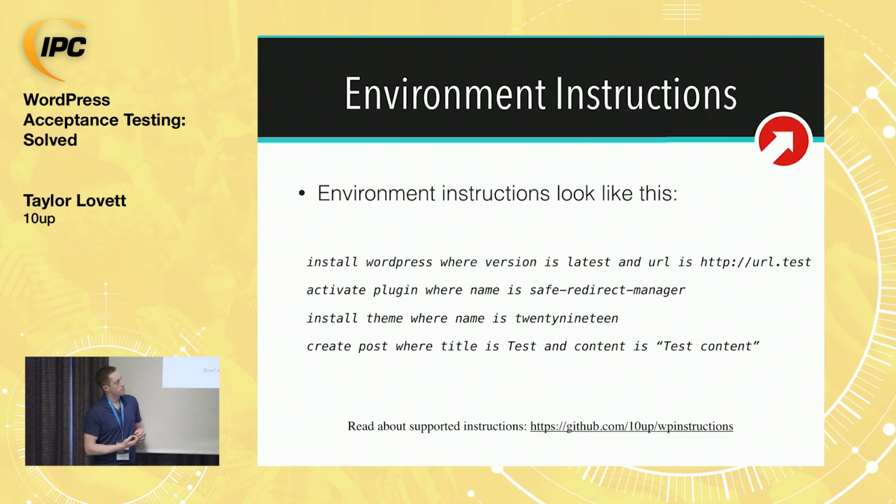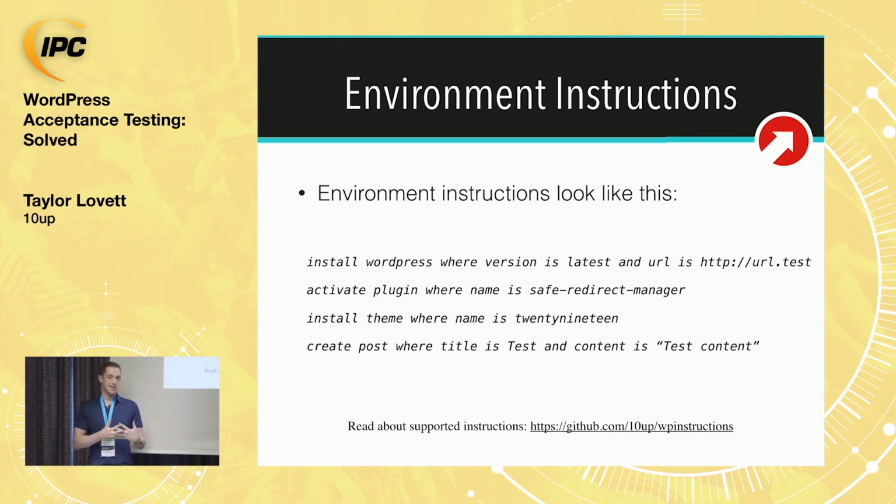Install theme where name is 2019. Create a post, et cetera. You can kind of understand the theme of how these environment instructions work. At the bottom, I have a link to the GitHub that shows you all the supported instructions that you can use for this.